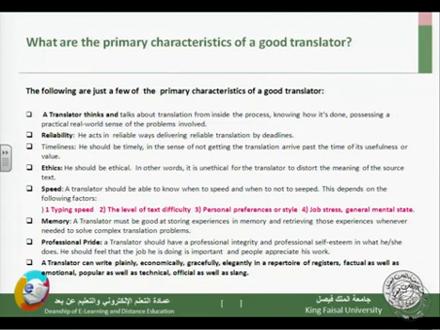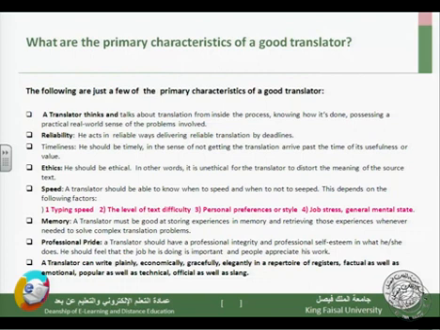But I have mentioned a few characteristics of a good translator. If we go through them together, you will have some idea what is expected of you as a good translator.